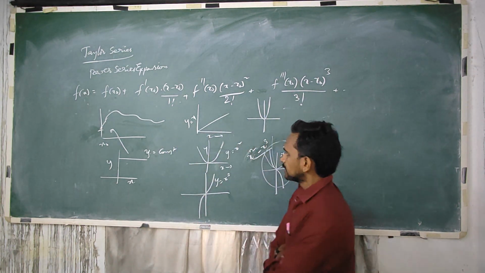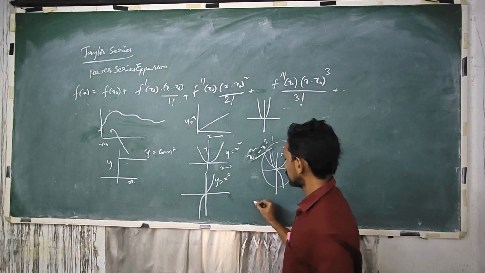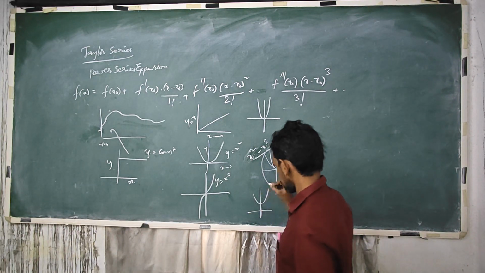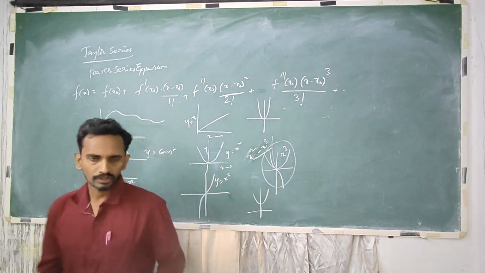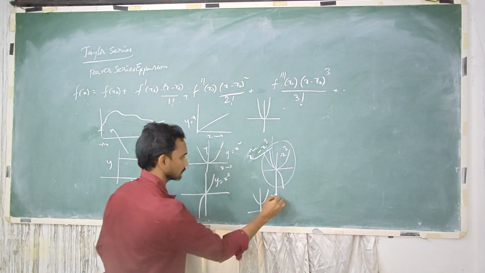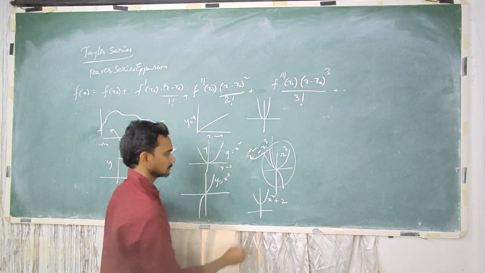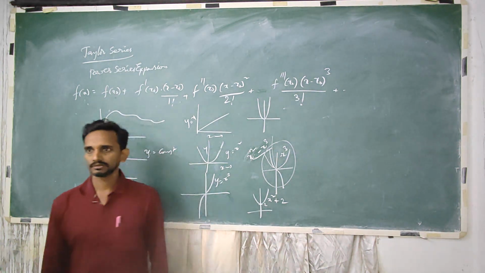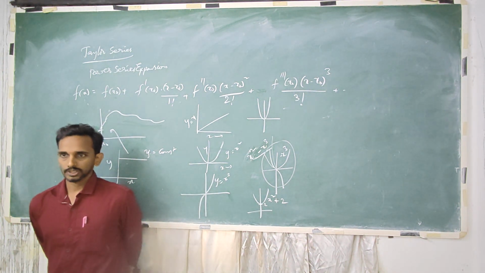So let's say you have this curve. What is the function form of that? Let's say this is x square plus 2.